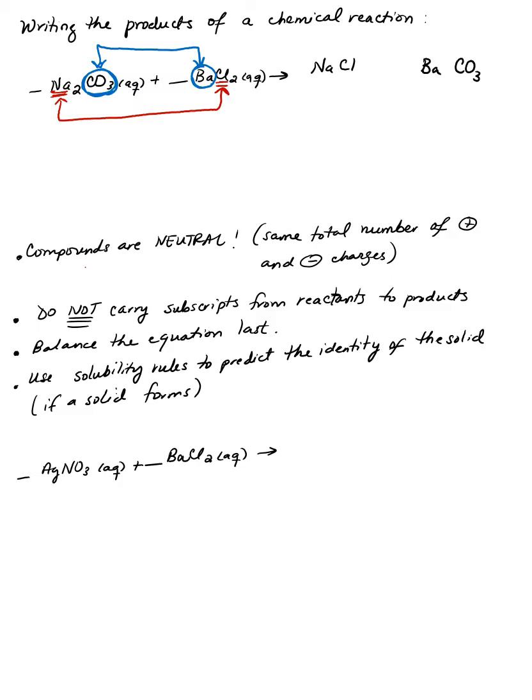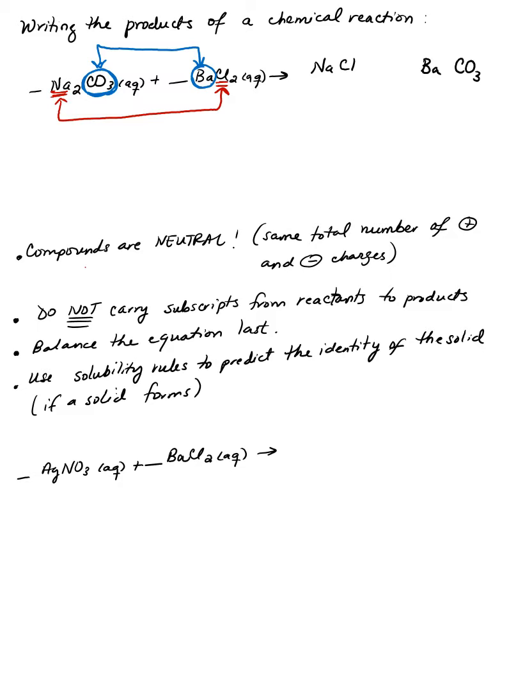Na2CO3, sodium carbonate. You have 2 sodiums and 1 carbonate ion. This is like writing formulas for ionic compounds. Your compounds are neutral, which means that the total number of positive and negative charges has to be the same. When you look at your sodium carbonate, Na2CO3, the carbonate ion has a -2 charge.